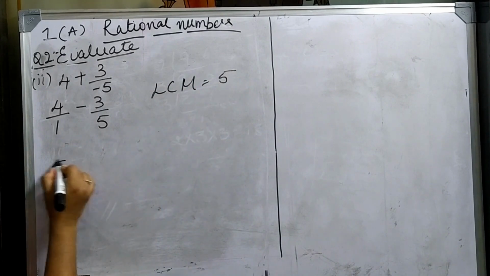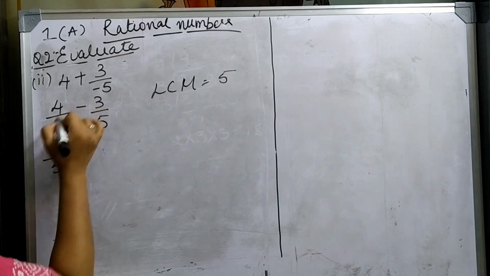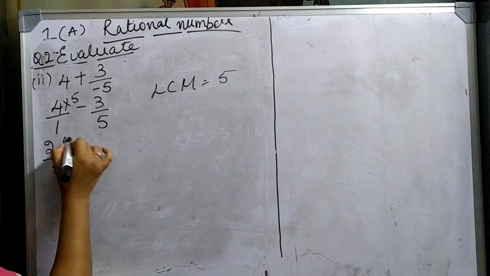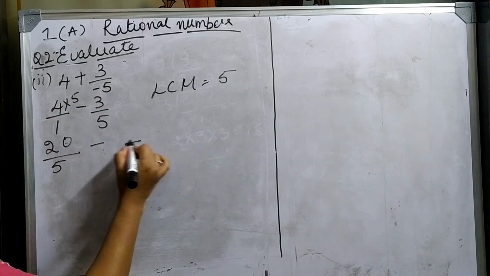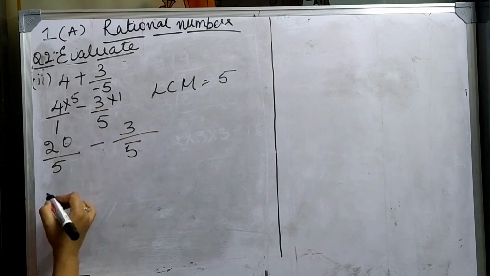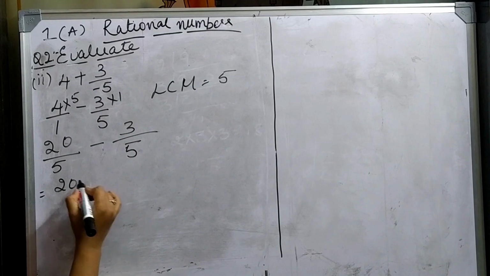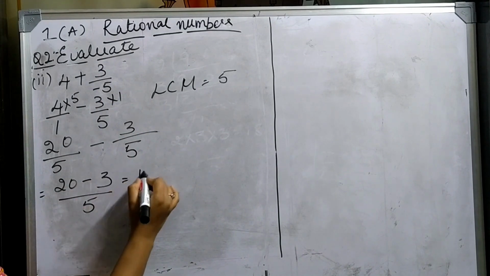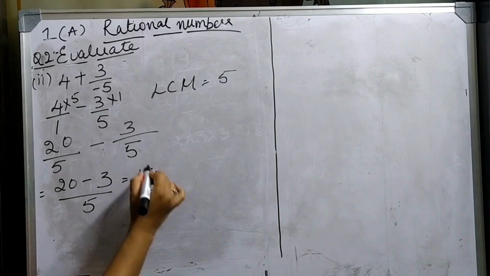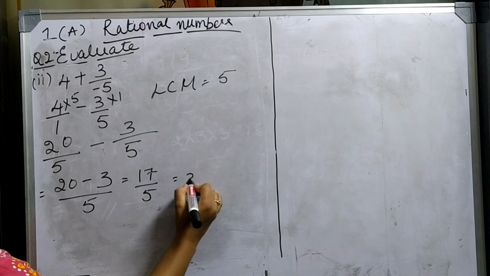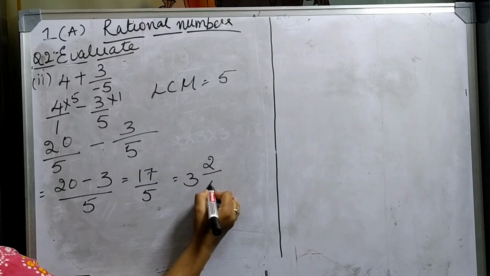So 5 is the LCM, 5 divided by 1 is 5, 4 into 5 is 20, minus, again 5 is the LCM, 5 divided by 5 is 1, which is 3 into 1 is 3, which is equal to 20 minus 3 by 5, which is 17 by 5. 17 by 5 is an improper fraction. If you write it as a mixed fraction, it will be 3 2 by 5.